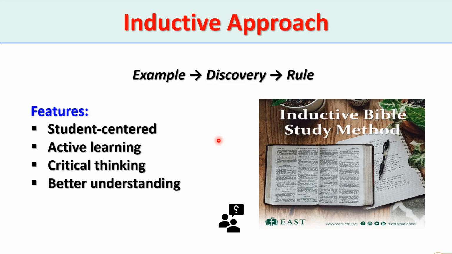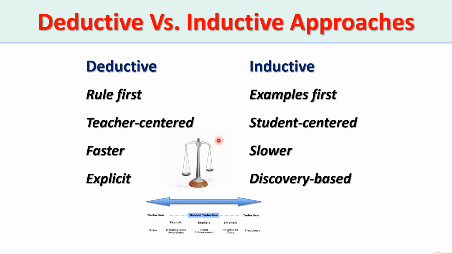The teacher can move to the next slide. Okay, so in this slide, we are going to compare the deductive and inductive approaches. As I mentioned above, in the deductive approach, the teacher gives the rule first, then examples, and the students do the exercise.